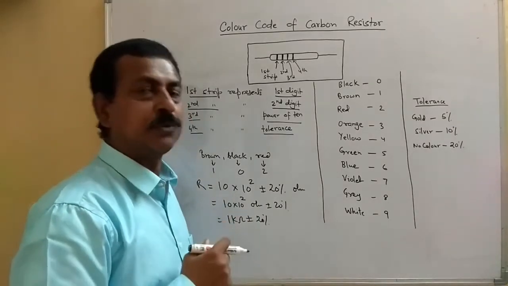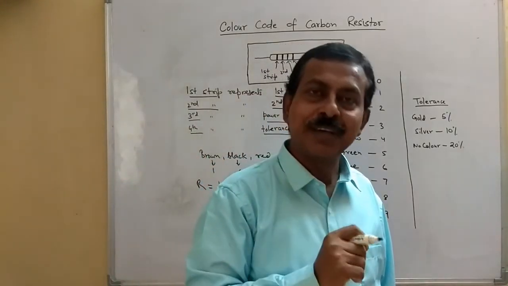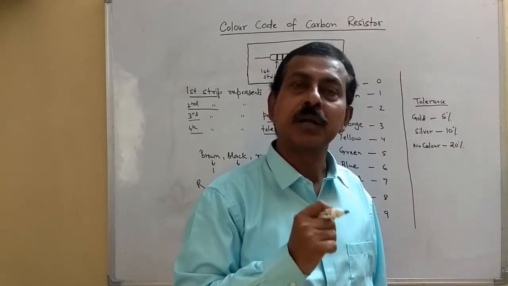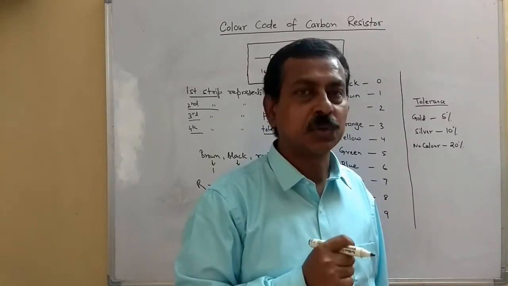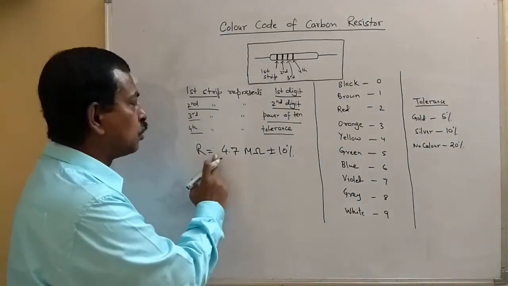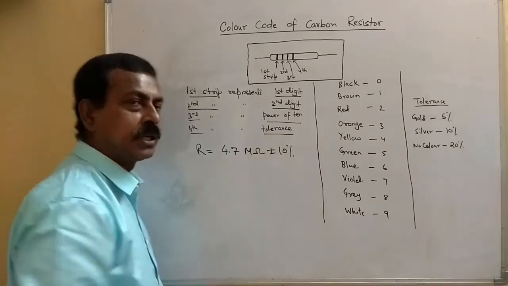Let's take the other way. When the resistance value is given and you have to tell what the colored bands or color sequence should be. Suppose the resistance value is given as R equals 4.7 mega ohm plus minus 10%.